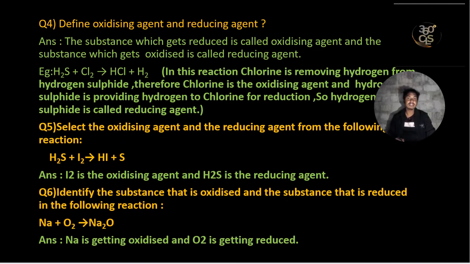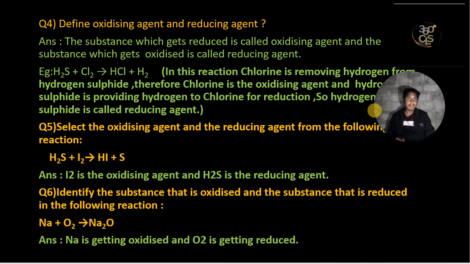So here in this reaction, chlorine is removing hydrogen from hydrogen sulfide. Therefore, chlorine is the oxidizing agent, and hydrogen sulfide is providing hydrogen to chlorine for reduction. So hydrogen sulfide is called what? Reducing agent.